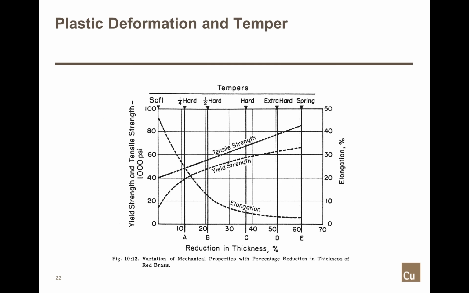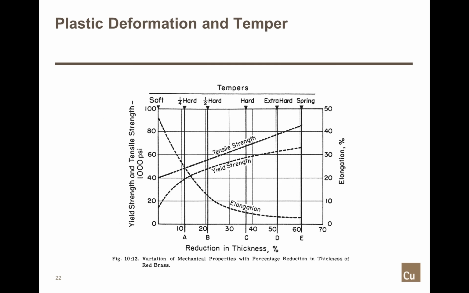So the tensile strength and yield strength increase, the elongation decreases, as the temper, or the reduction in thickness, increases. This is how tempers are developed in processing. It's generally at the final process point.